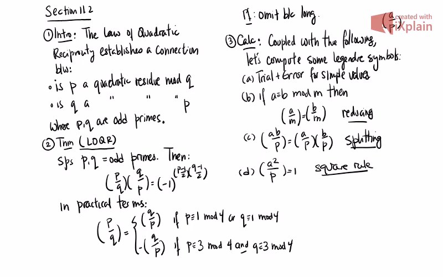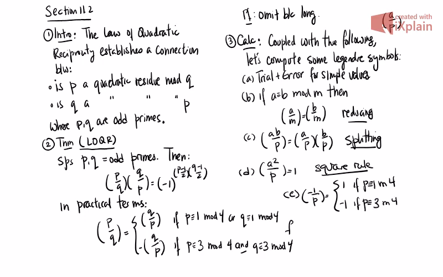And then two other rules. We had E: negative 1 over p is 1 if p is congruent to 1 mod 4, and is negative 1 if p is congruent to 3 mod 4.